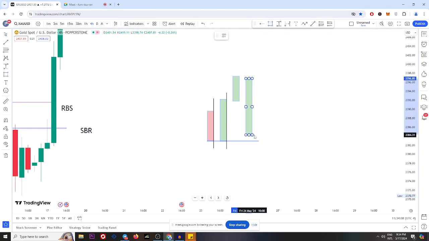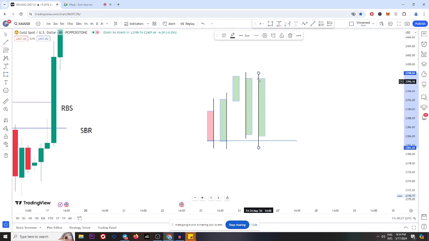So are we going to call it a fresh level now? No. Okay. And then say when it touched here, and now it is broken again, it becomes fresh again. Now it becomes support, and then what is it now? SBR.